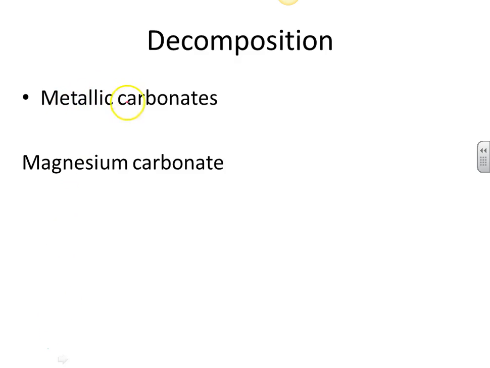And our next reaction type would involve metallic carbonates. So we would have a metallic, where M is standing for metal or metallic, carbonate. Metallic carbonates break apart when they're heated into a metal oxide plus carbon dioxide gas.